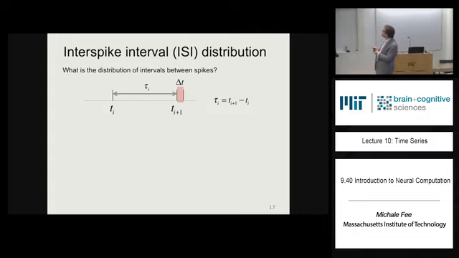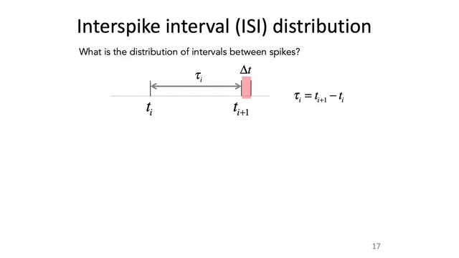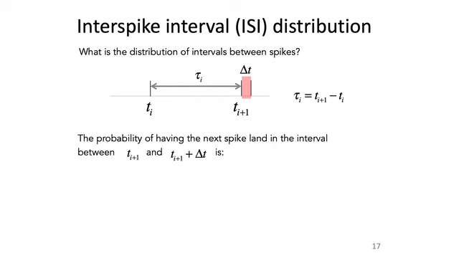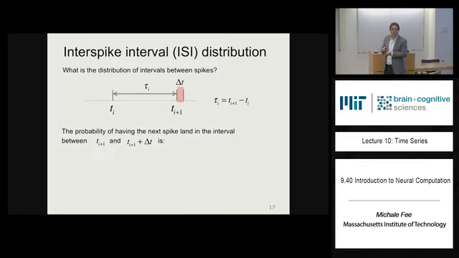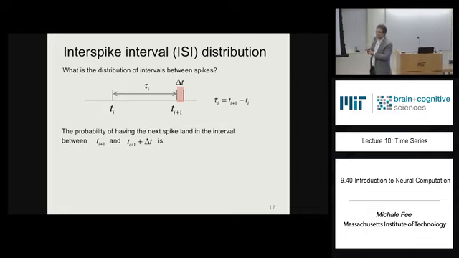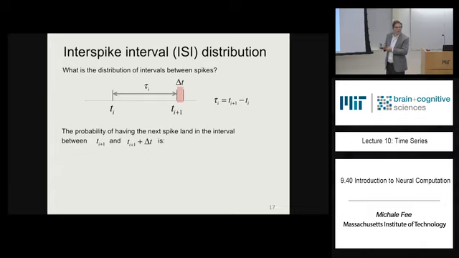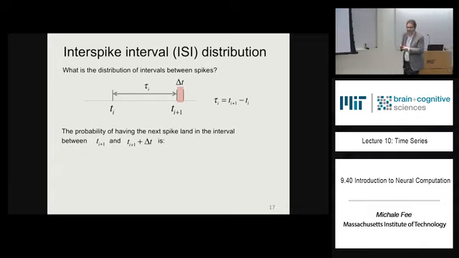So let's calculate that. Tau sub I is the inter-spike interval between the I+1 spike and the ith spike. So the probability of having the next spike land in the interval between t of I+1 and t of I+1 plus delta t, in this little window here, is going to be the probability of having no spike in this interval times the probability of having a spike in that little interval.